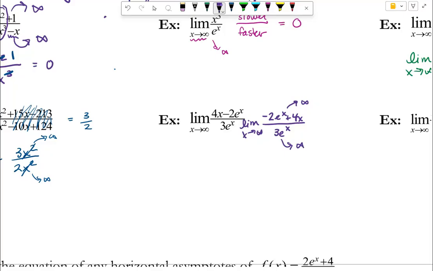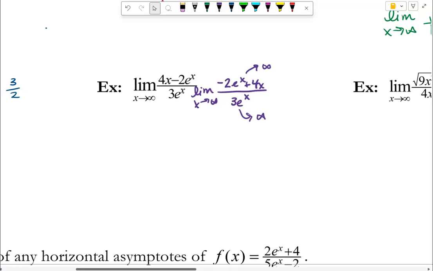And again, it's this idea of growth rates: an exponential function is going to grow so much faster than a linear function at the ends of a graph, for really, really large numbers, that this 4x is super insignificant. So really, we want to consider the limit as x approaches infinity of -2e to the x over 3e to the x. And when we drop that plus 4x in the numerator, this makes it a lot more simple.